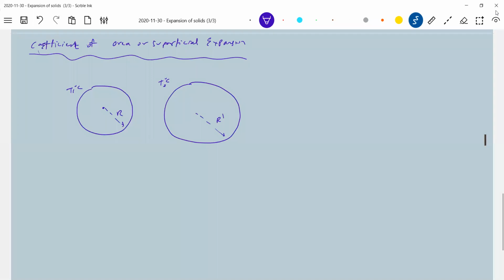So you can look at the area. This is called superficial expansion. We define this as beta. This is how you define it: change in area by initial area by change in temperature. Therefore you can write A dash is equal to A into 1 plus beta delta T.